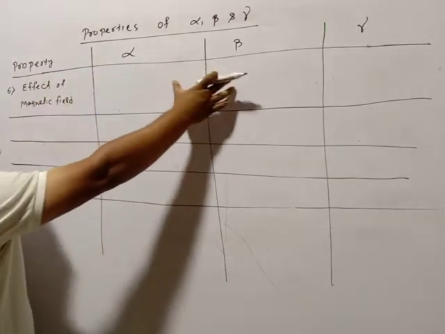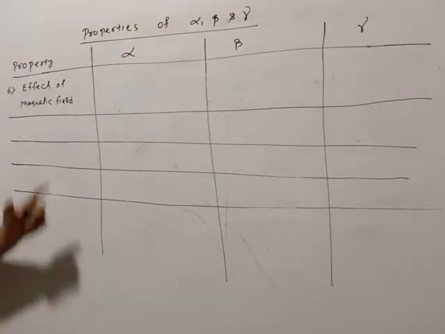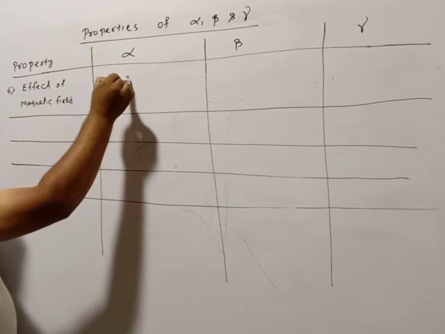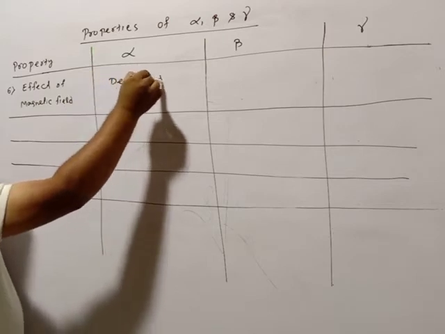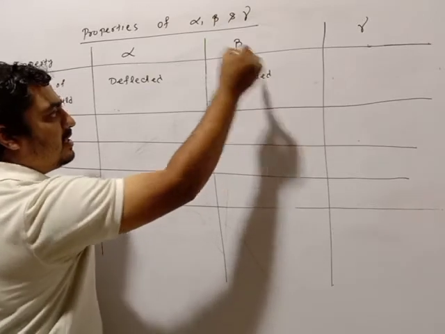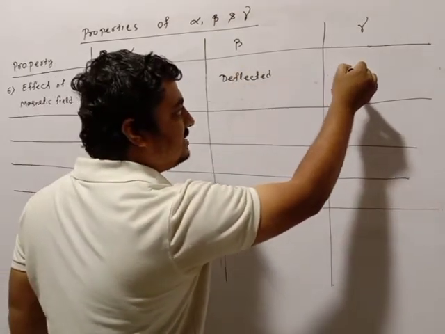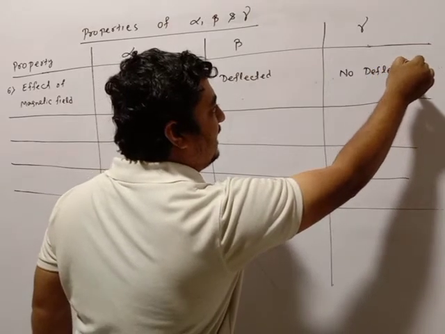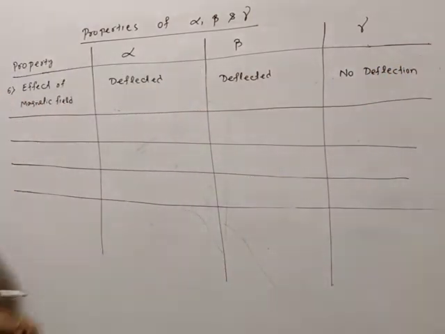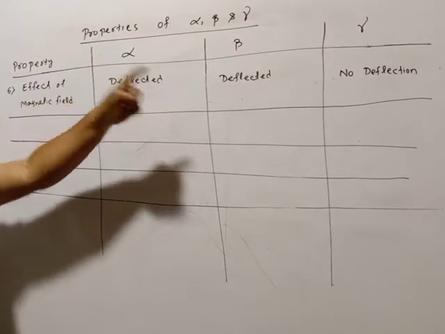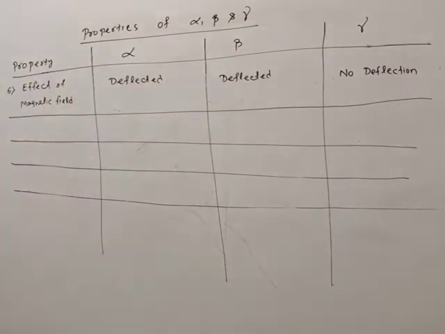So, alpha and beta are charged particles, so they will be deflected in the magnetic field. But gamma is chargeless, so it has no deflection due to magnetic field. So, gamma rays will pass in a straight line if electric or magnetic field is applied.